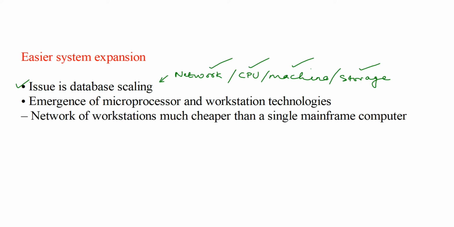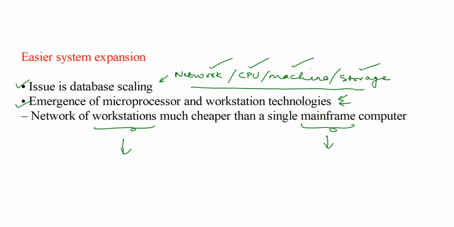Emergence of microprocessors and workstation technologies. These technologies have emerged a lot in the last few years, so expansion becomes easier, because they are getting cheaper day by day. A network of workstations is much cheaper than a single mainframe computer. Workstations are smaller than a mainframe system.